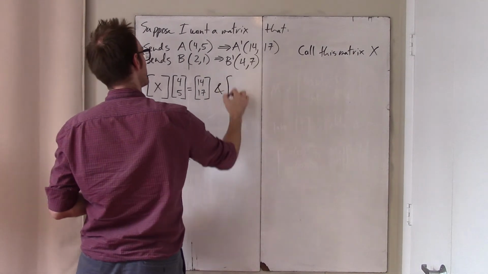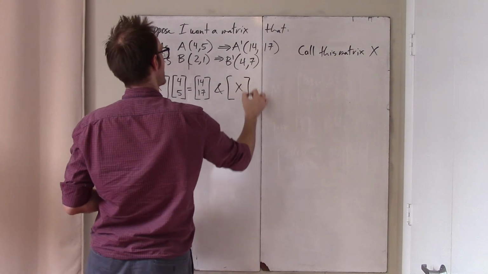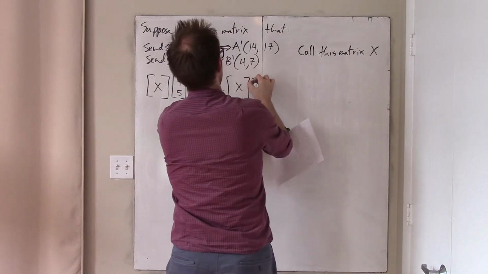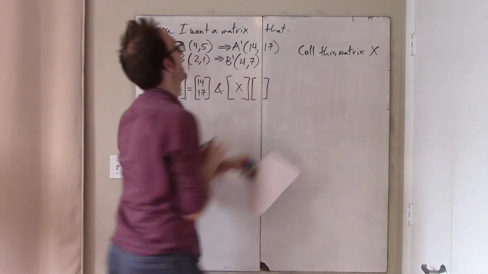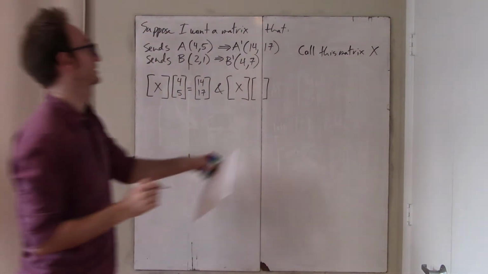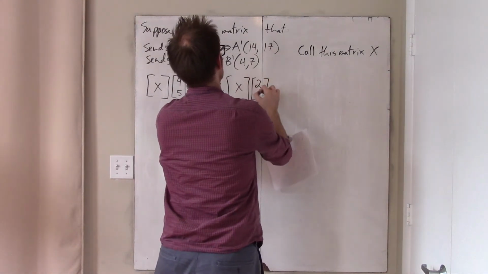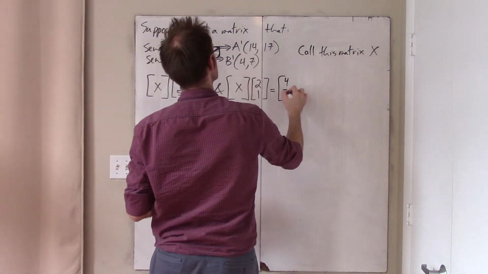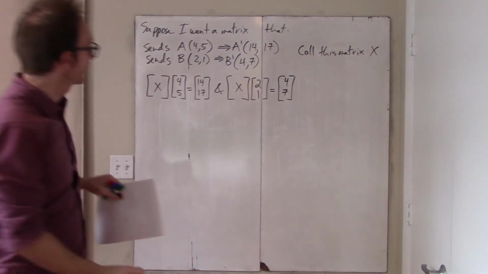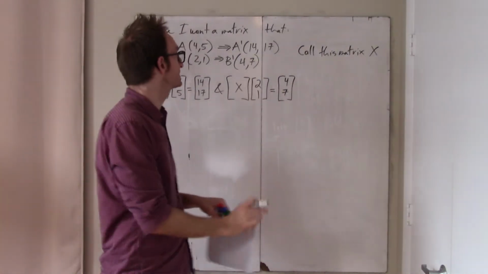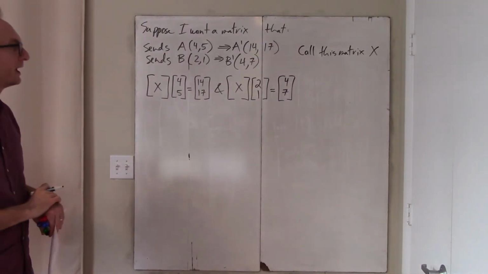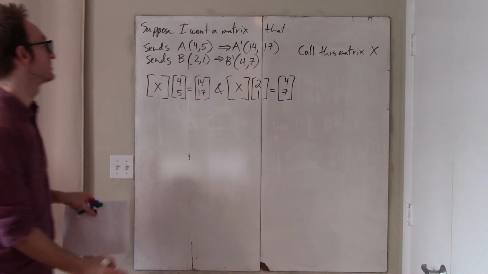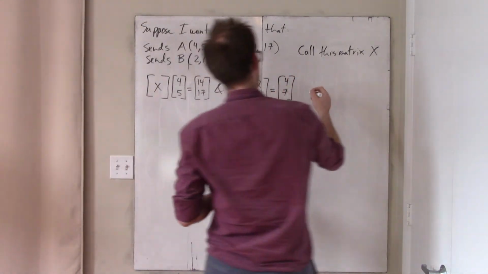And if you feed it the vector 2, 1, it outputs the vector 4, 7. But this is what I call the slow way, of combining this together.